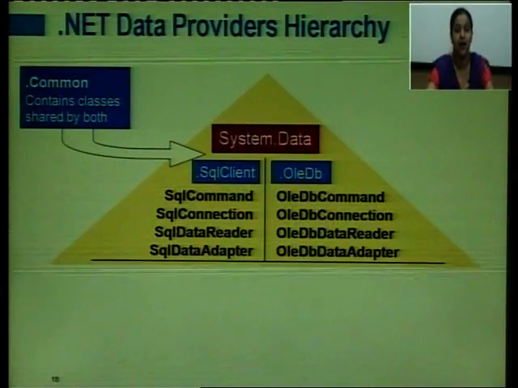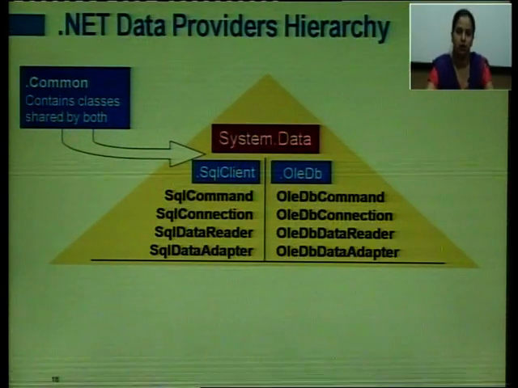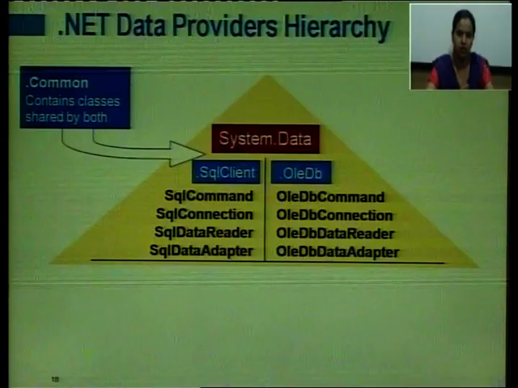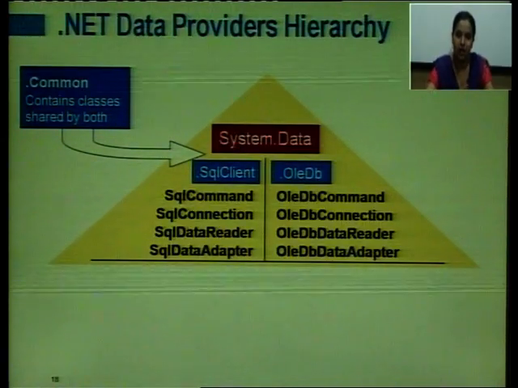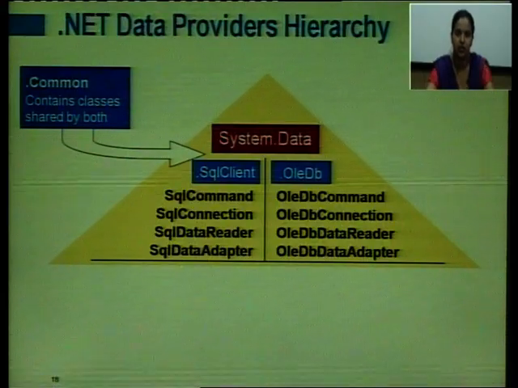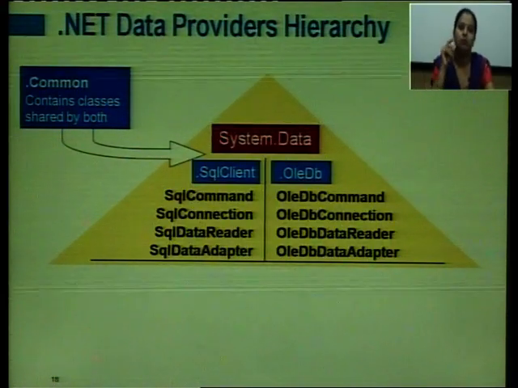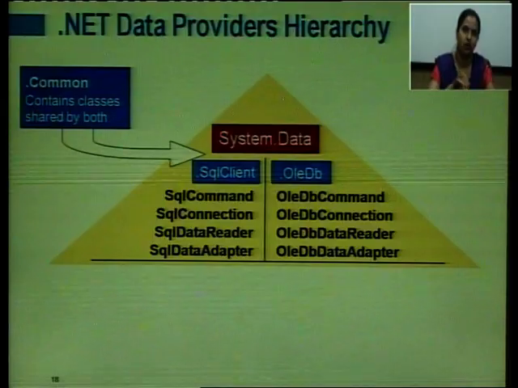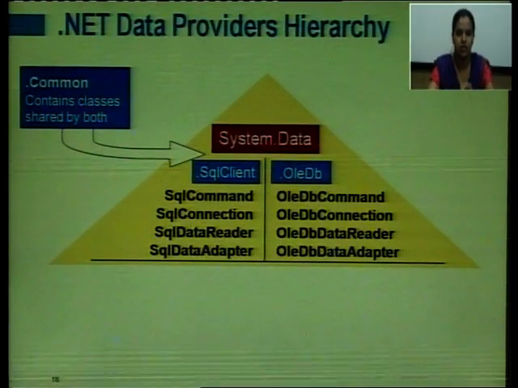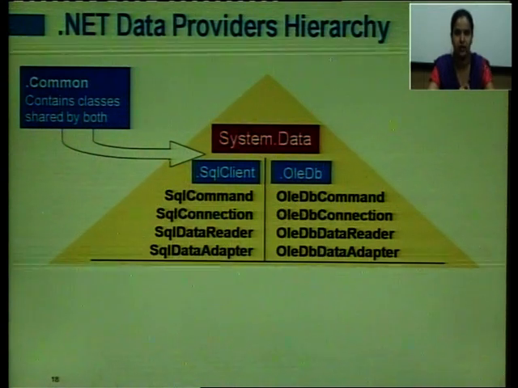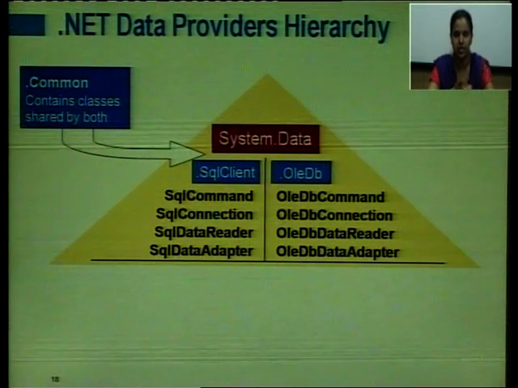Here is the hierarchy of how data will be provided by the .NET framework to us. For the SQL client, first comes the command, then the connection, then the data reader, then the data adapter. Before you put any query for the data, first of all you set the SQL command saying that I need to access some data.